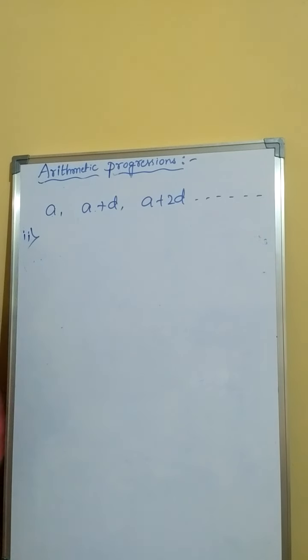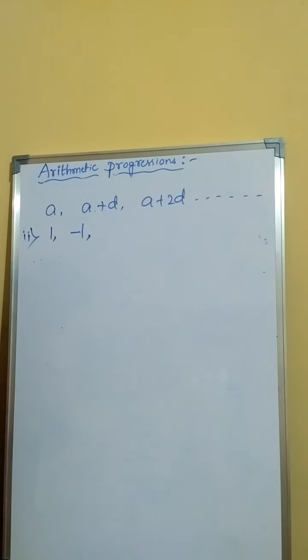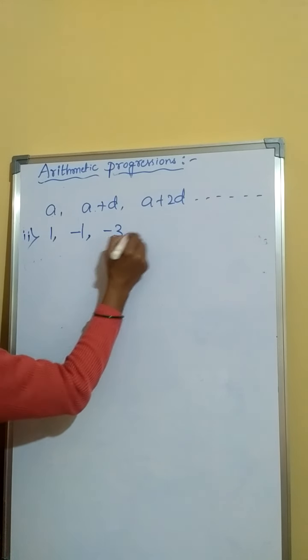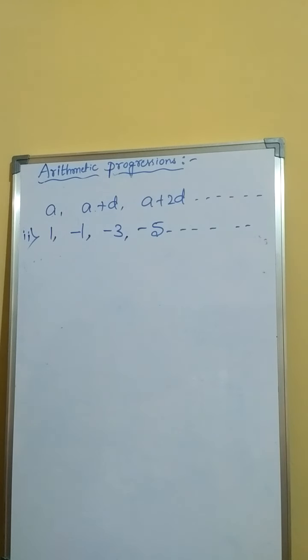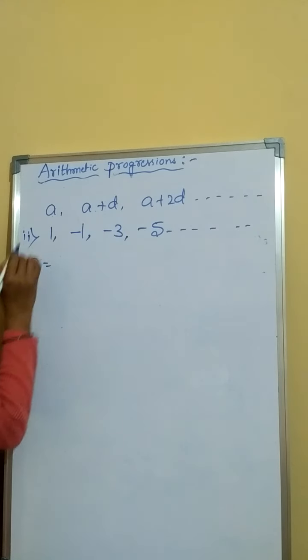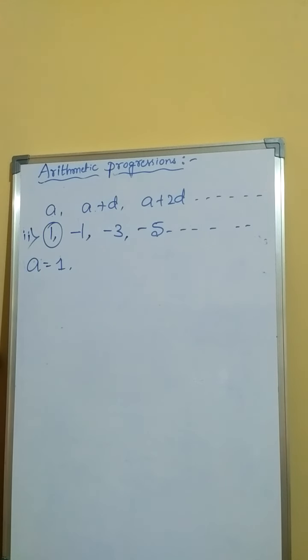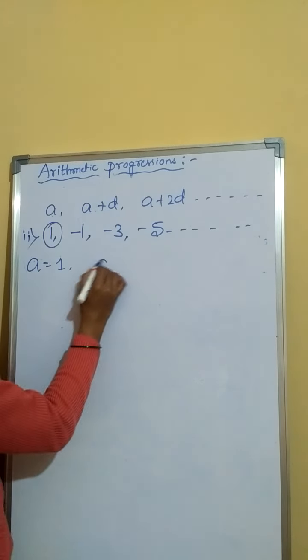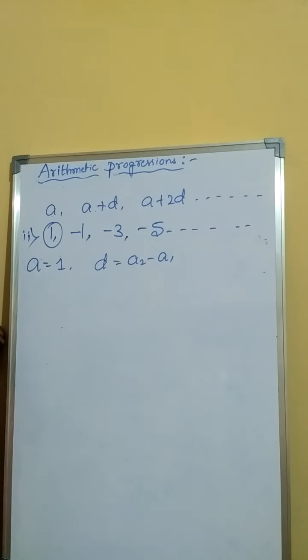Second, in the given list of numbers, that is 1, minus 1, minus 3, minus 5. So here also we need to identify whether the given list of numbers are in AP or not. So as usual, A is the first term, that is plus 1. Let us find D. D is always A2 minus A1.